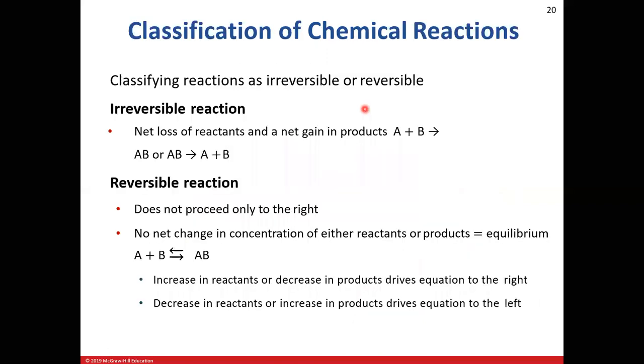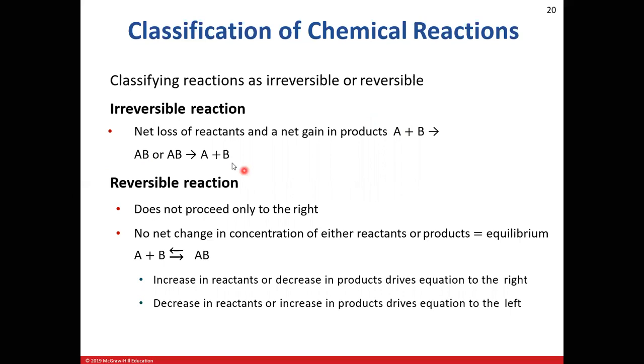We also have to look at classifying reactions as irreversible or reversible. So with an irreversible reaction, we have a net loss of reactants and a net gain in products, okay? So we have A plus B yields AB, or AB yields A plus B, okay?